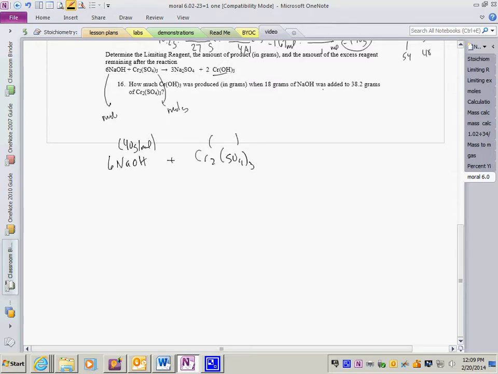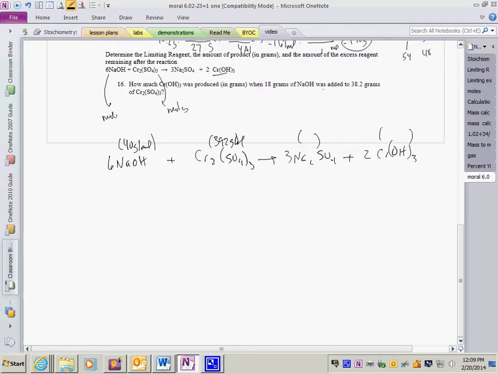That gives 392 grams per mole, yielding 3 Na2SO4s. If need be, at some point, I will get the molar mass of that, and then the 2 Cr(OH)3s, and there we go. I'll get the molar mass of that if I need to.